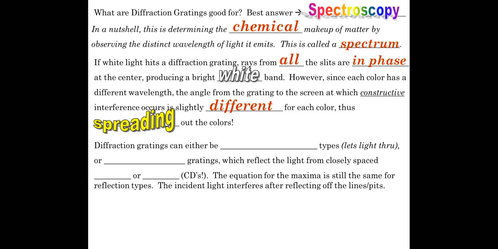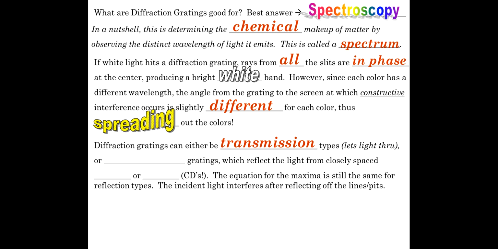So when you look at a diffraction grating, you see effectively what you get from a prism, which spreads the light out. You know, dispersion in a prism? Well, a diffraction grating spreads out the light because the constructive interference is occurring at different places for the different wavelengths. Woohoo! That's awesome.